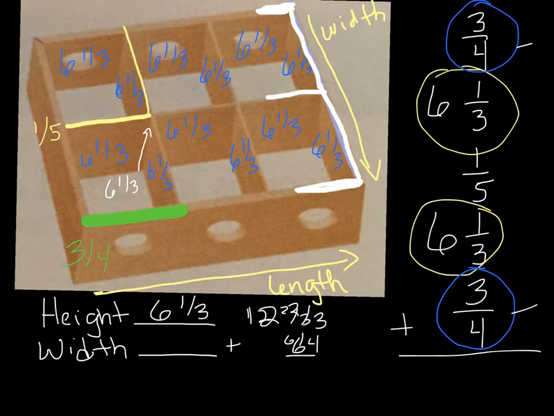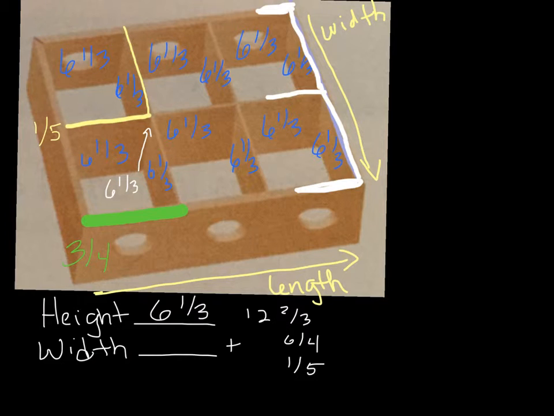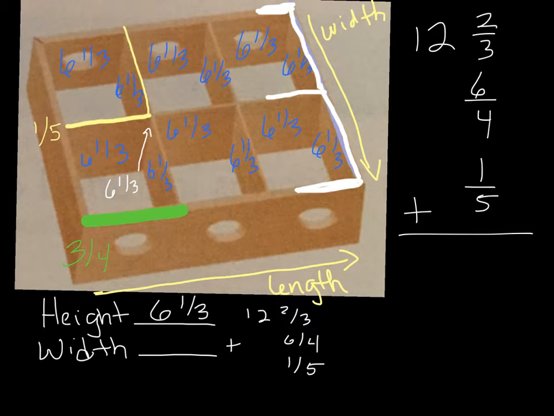And then we'll have to add to that 1/5. So now I'll rewrite those fractions. We have 12 2/3 plus 6/4 plus 1/5. Now I have only 3 fractions to add, but I still have 3 fractions with different denominators.